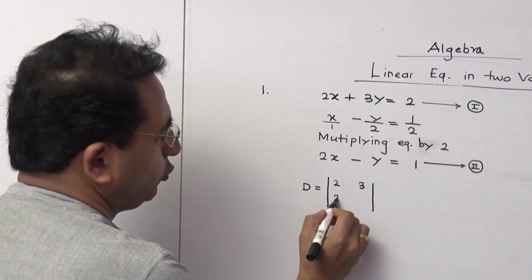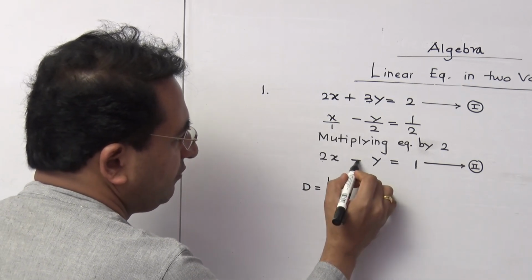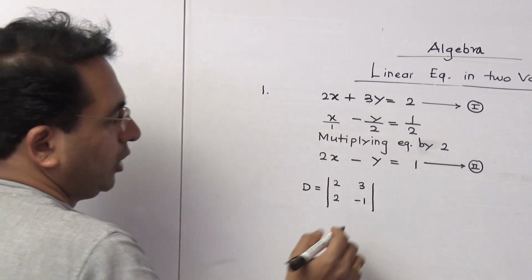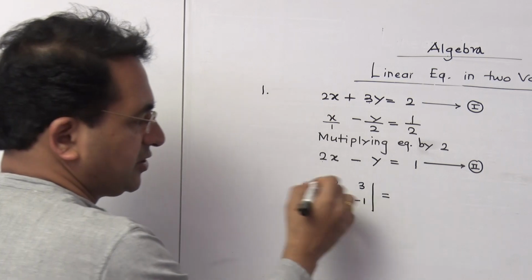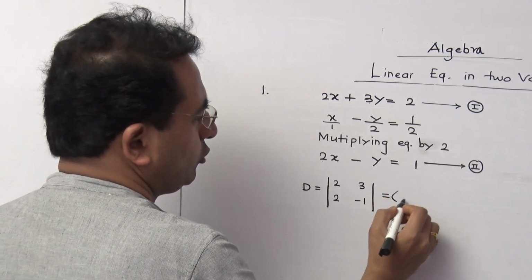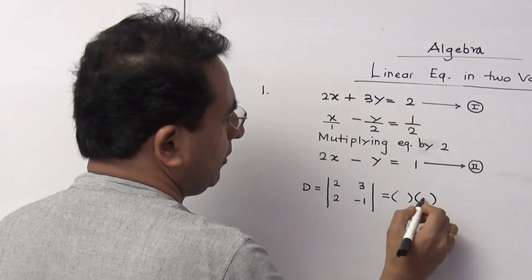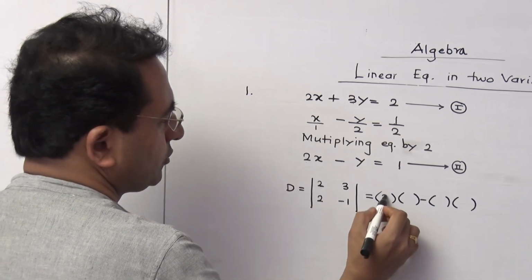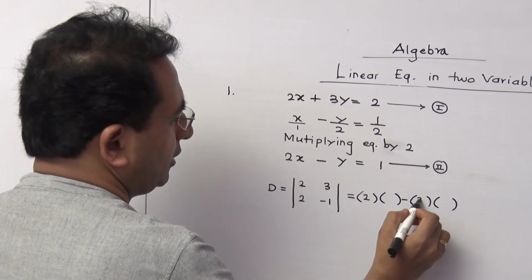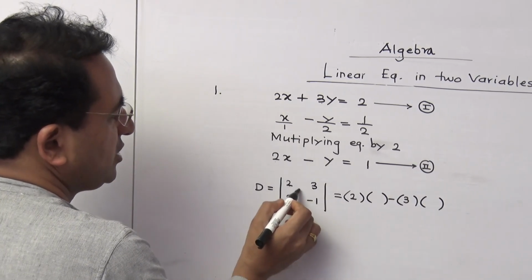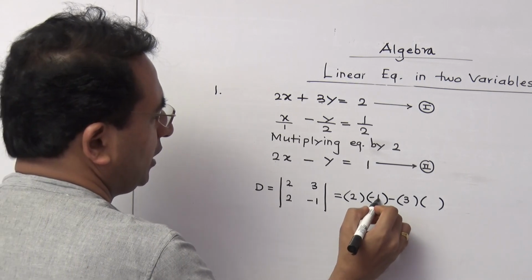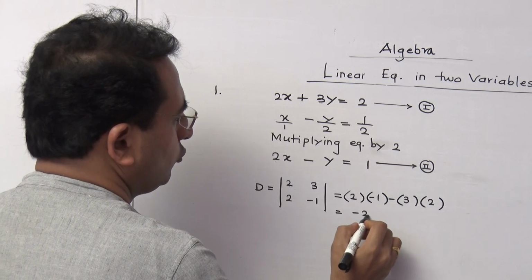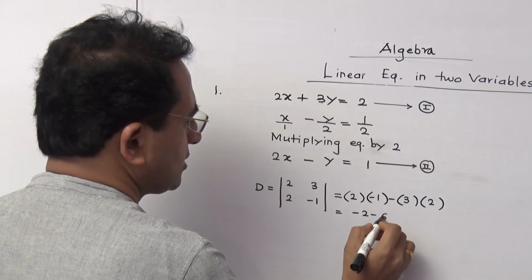This is going to be 2 and the coefficient of y is minus 1. Correct? Now what we have to do is find the answer of this. This is going to be calculated by the same method, bracket bracket minus bracket bracket. It is 2 first, this 3 we have to write here, and then crosswise up, that is going to be minus 1 and this one is going to be 2. So it is minus 2 minus 6.